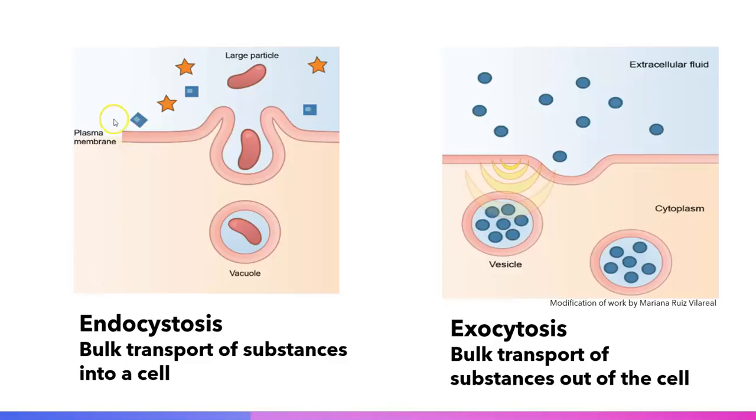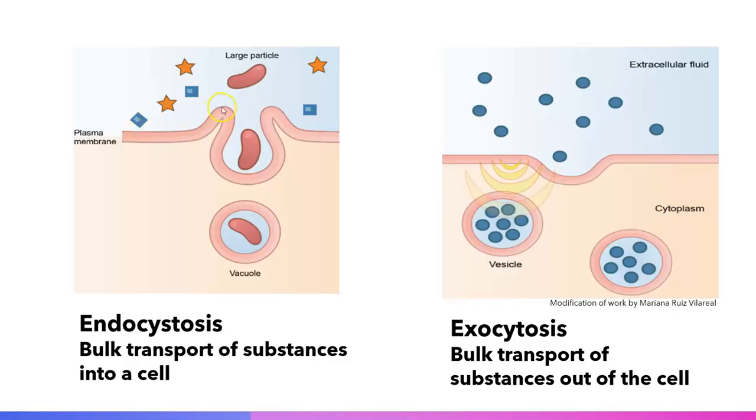So endocytosis is taking this membrane here, typically the plasma membrane or the outer membrane of the cell. And you can see these stars and these triangles and these kidney beans on the outside of the cell. Let's say we want to take some of this and pull it inside the cell. We want to get these things across the membrane, but these are way too big to move through a transport protein.